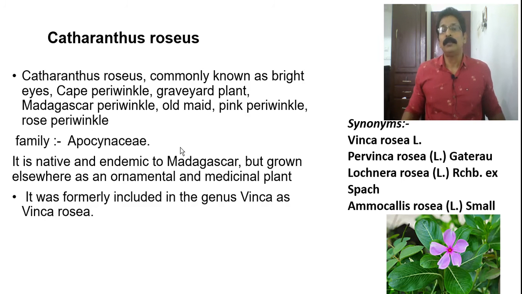Usually when you are studying any crude drug, the botanical source is very important, and its family should be specified very clearly when you are starting the details about any plant. So Catharanthus roseus is the botanical source.